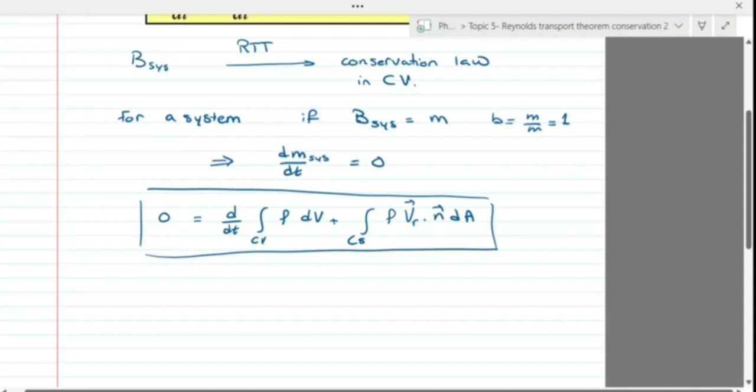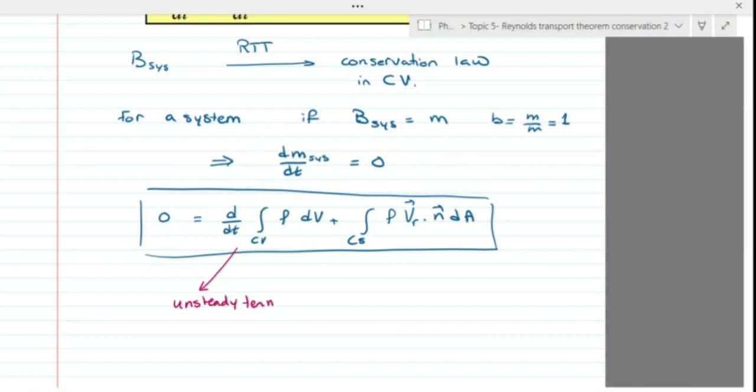Now, what do the different terms in this conservation law tell us? If we look at the terms we have, our first term represents the unsteady term. This is basically the variation of the mass within the control volume. So we can also write this as dm_cv by dt actually.